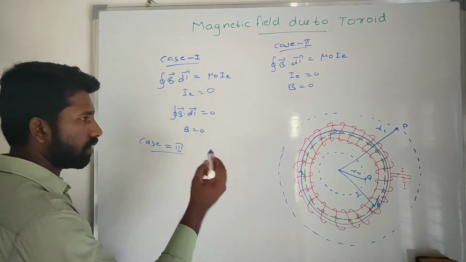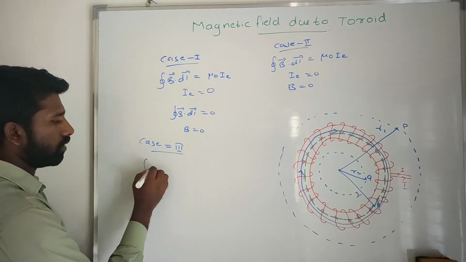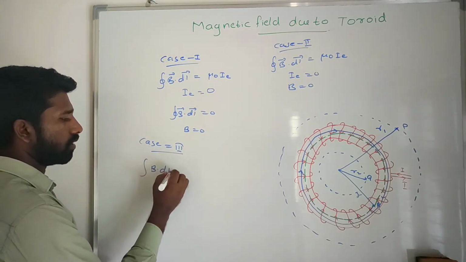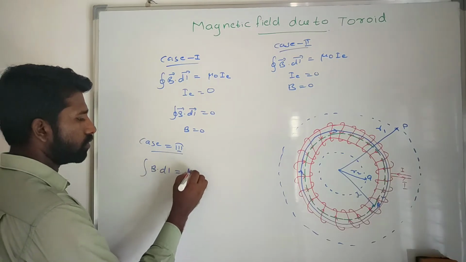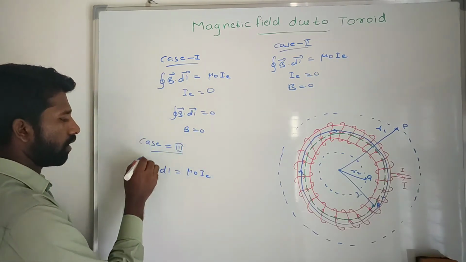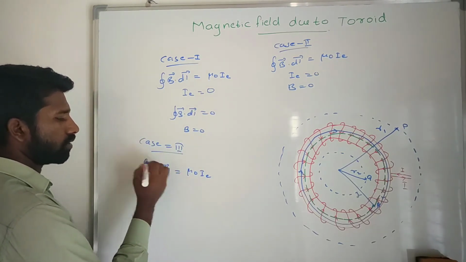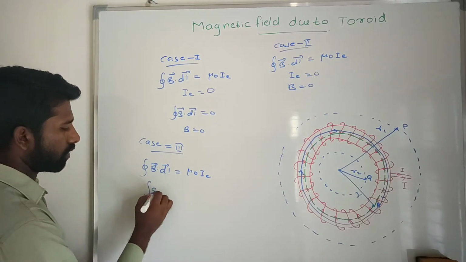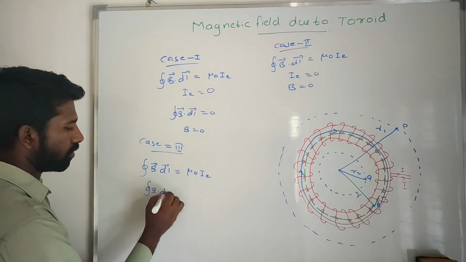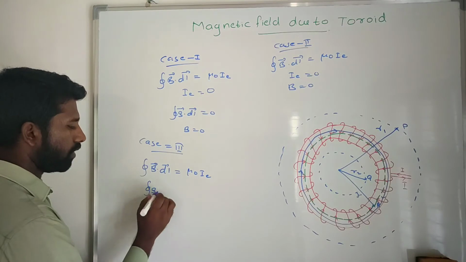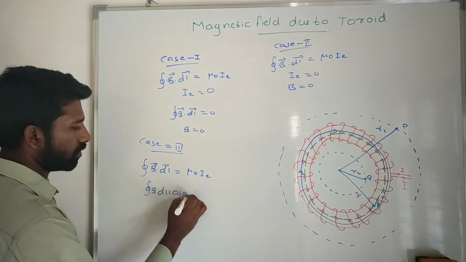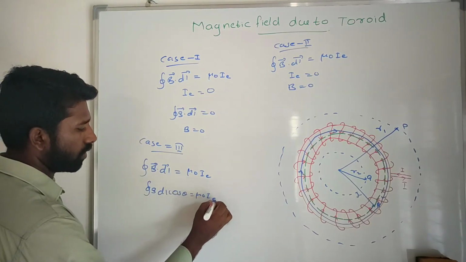So I am going to apply Ampere's circuital theorem, that is closed integral B dot dl is equal to mu 0 I enclosed. What is the closed integral B dot dl? That is B dl cos theta is equal to mu 0 I enclosed.